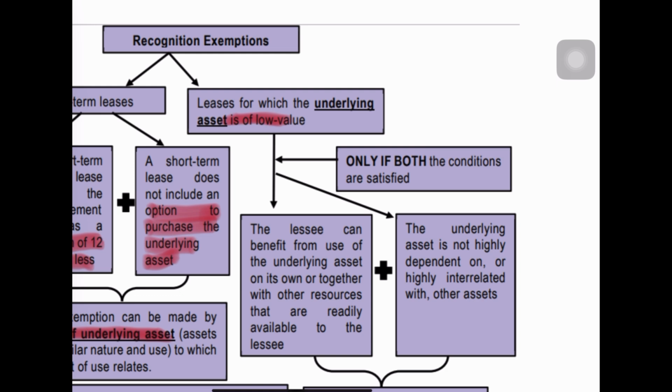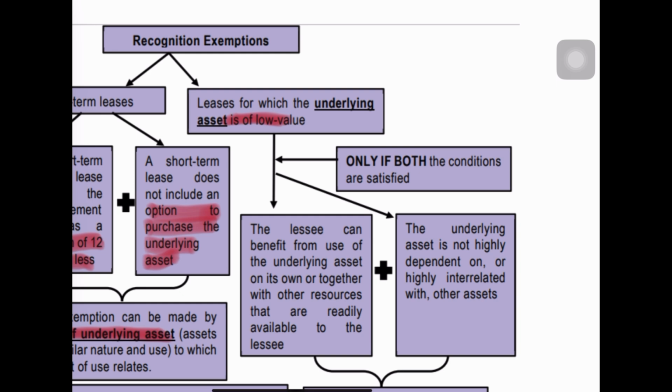There could be cases where a company opts that any asset up to rupees 1 lakh may be low value, and then Ind AS 116 will not be applied. It goes with the policy of the company, but the policy should be reasonable. They cannot say that a building is low value. A building's value could run into lakhs and crores, so they cannot, as a policy, define it as low value.